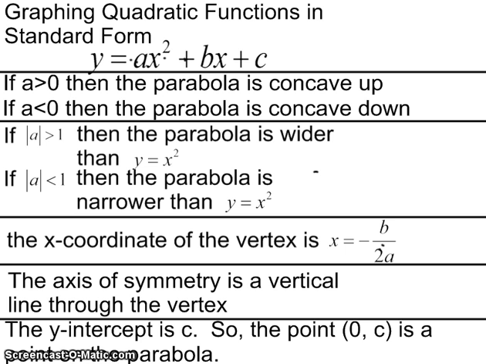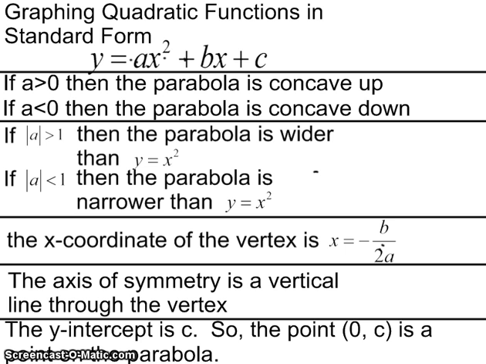If I am positive, I am smiling. My smile is concave up. So if I am positive, I'm making a happy face. If I am negative, I'm frowning, I'm making a sad face. So that's a really easy way to remember. If A is positive, smile. If A is negative, frown.